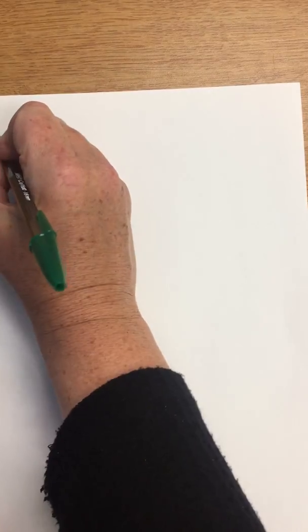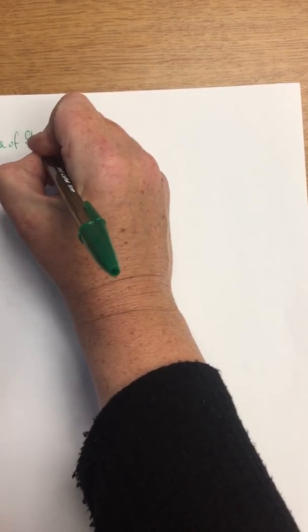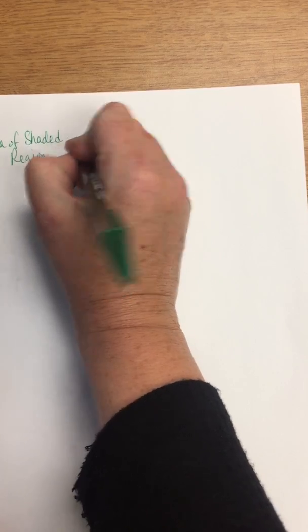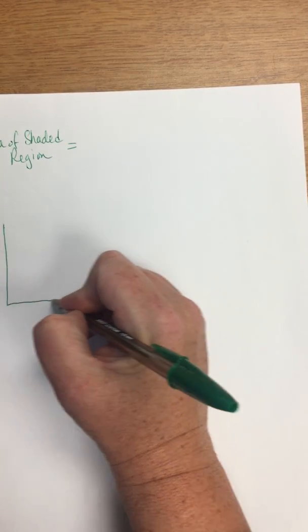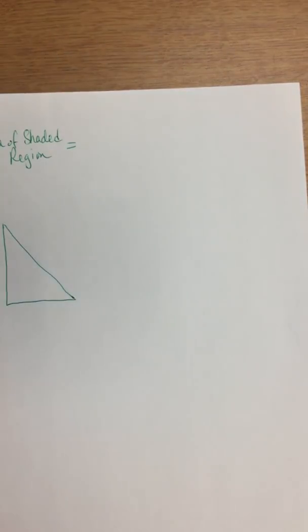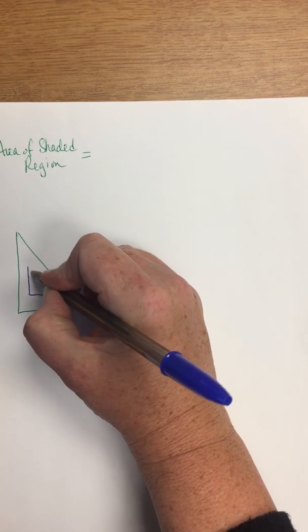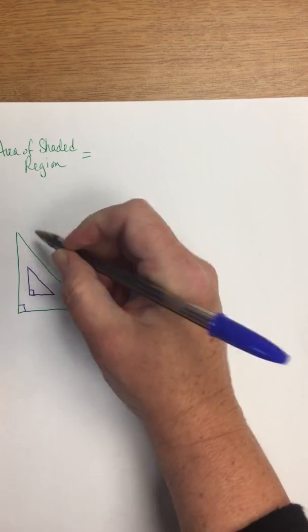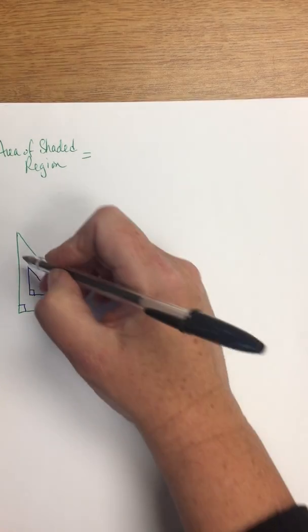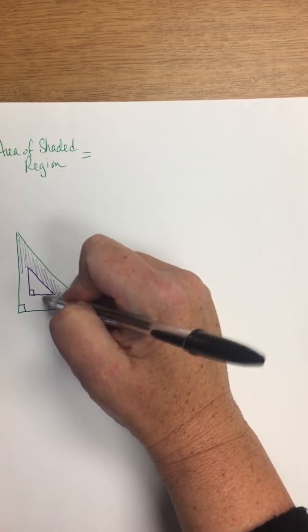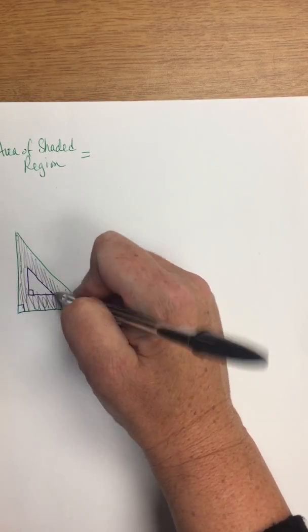You're going to want to write the area of the shaded region equals, for example, you're going to have a right triangle. There's going to be another one inside. These are both right. And you are going to have to find the area between them, all in here.